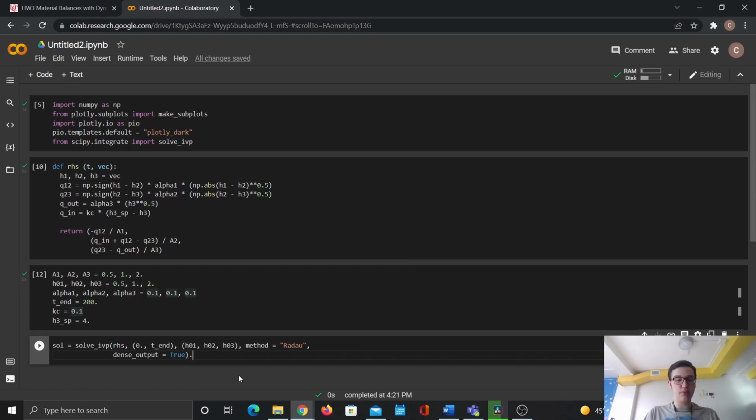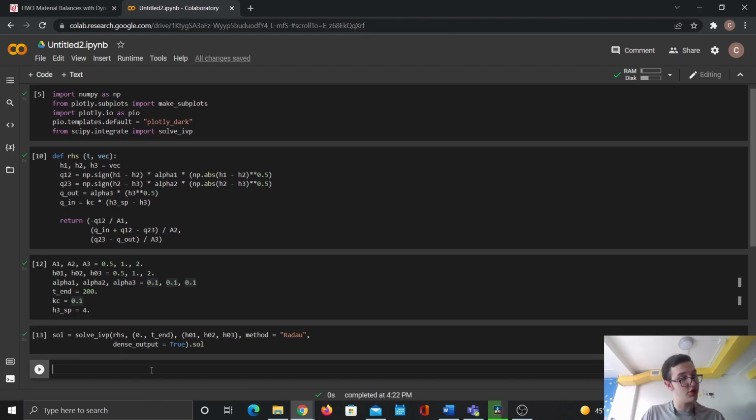So we have that. Now, if my syntax is correct, that should work. Shift Enter. Good. So now all we need to do is make a plot and see where we are ending up. So first of all, figure is equal to make subplots.